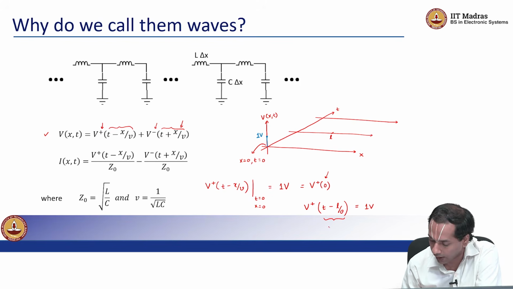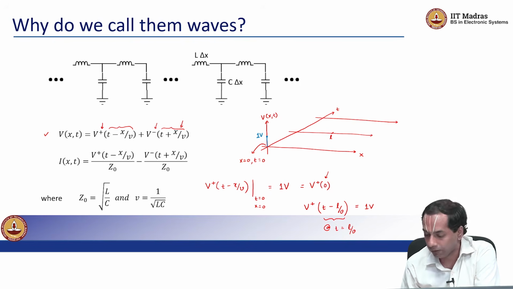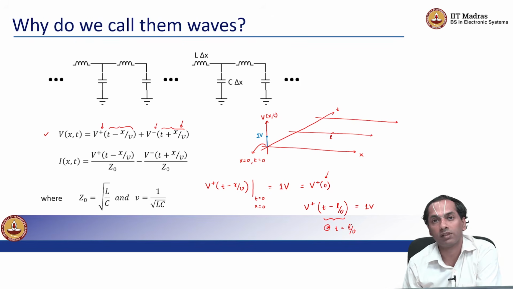So at t equals L by V, we have V plus of 0, which is 1 volt.